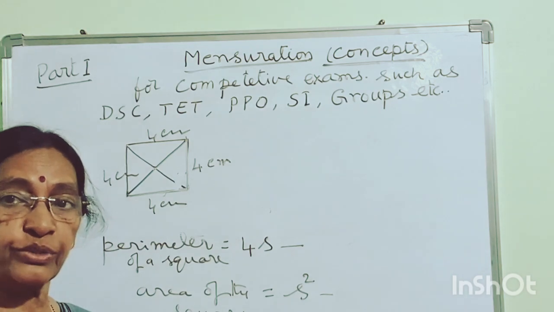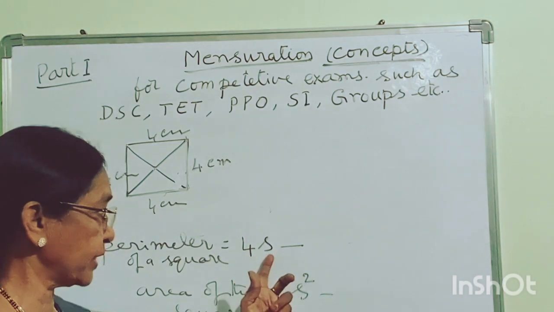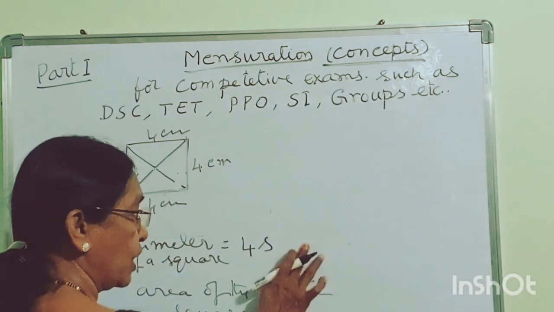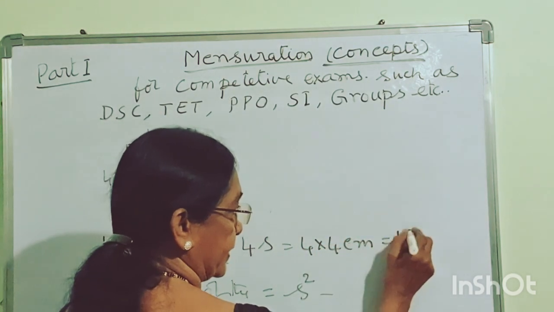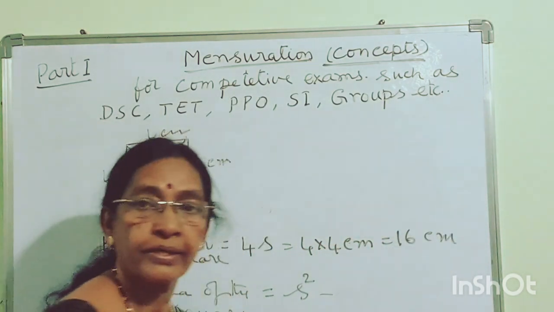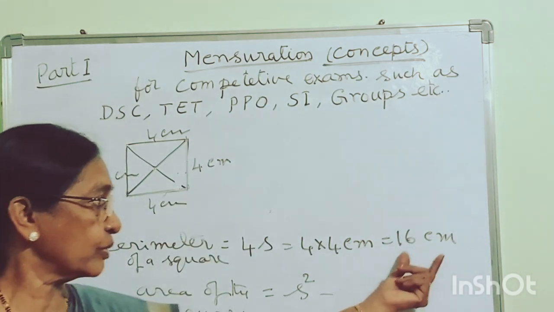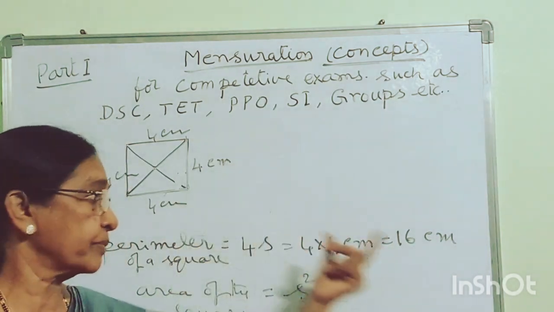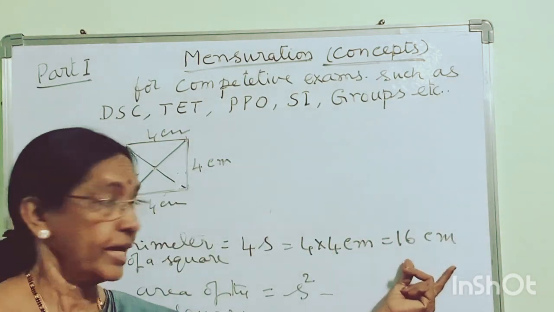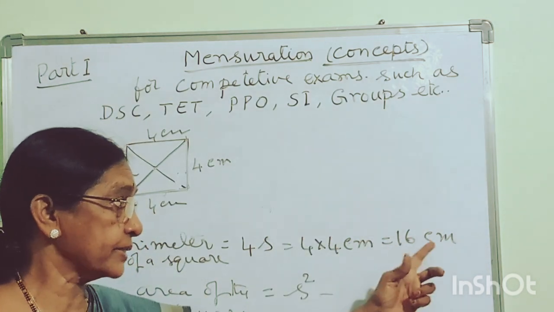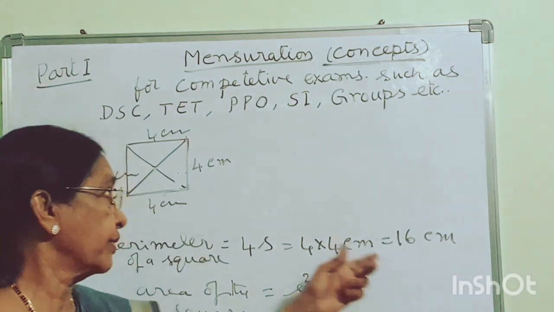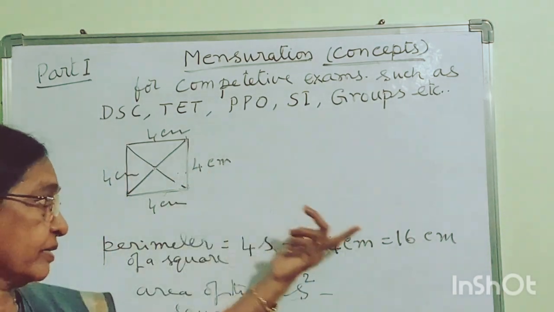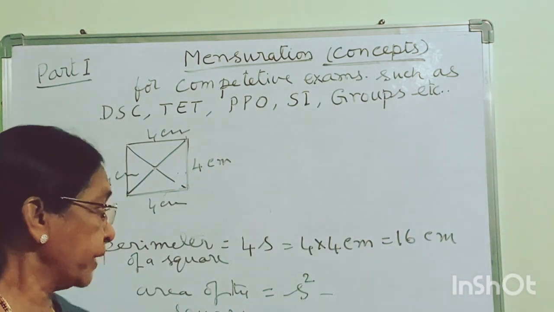That is 4 into 4 centimeters, which is equal to 16 centimeters. So the perimeter of a square of side 4 centimeters is 16 centimeters. The perimeter is measured in the units of length itself, the same as the units of the side.